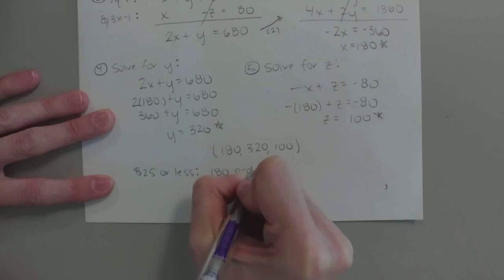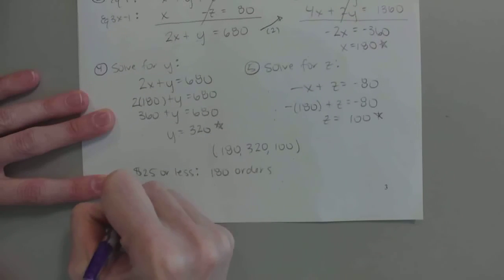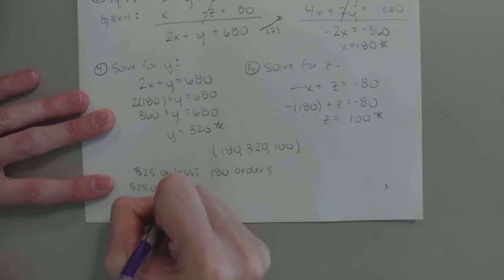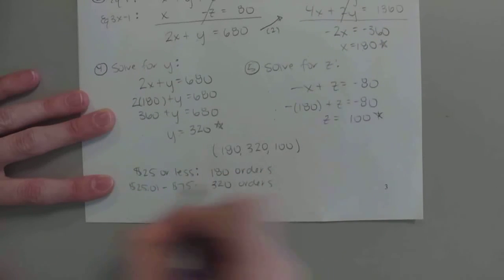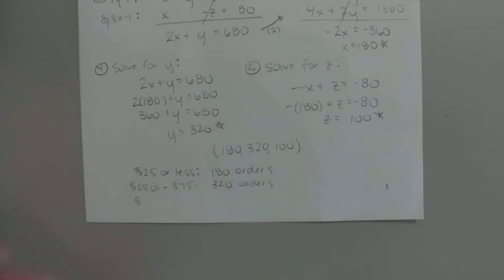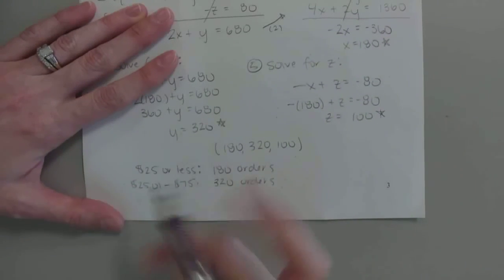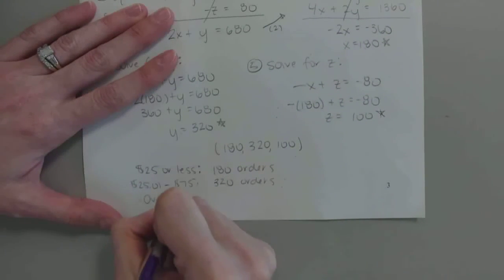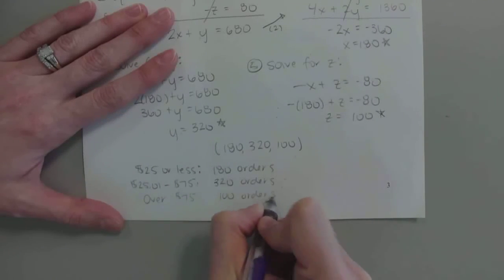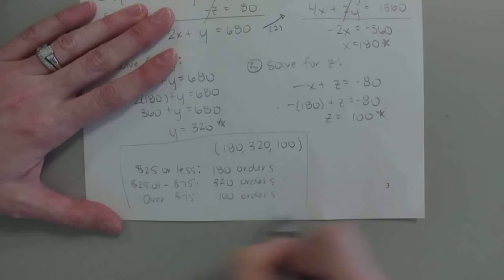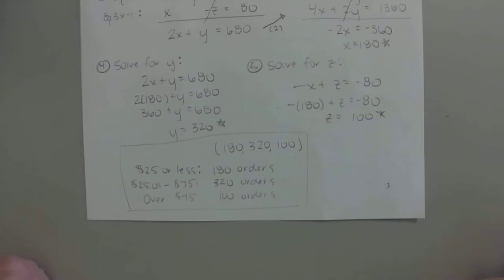So 25 or less, we had 180 orders. 25.01 to $75, we had 320 orders. And then over 75, 100 orders. Okay. That's not terrible. It really is not terrible.